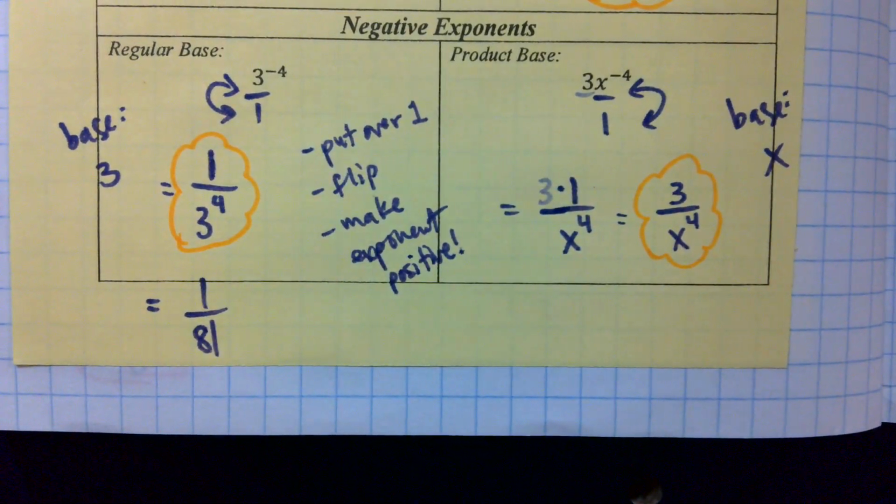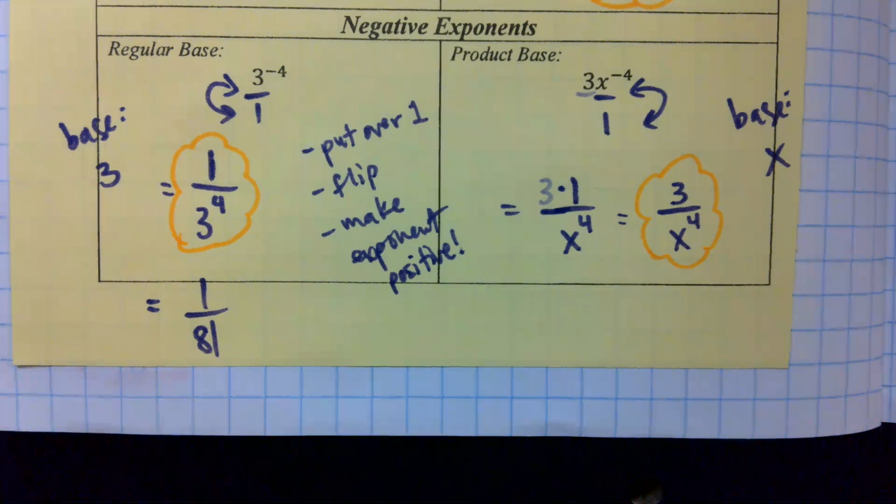Right? If I turn this into 3 times x to the negative 4th, is that the same thing as 3x to the negative 4th, how it's presented in the problem? Yeah, it's the same thing, right? All I did was put a multiplication sign in between.